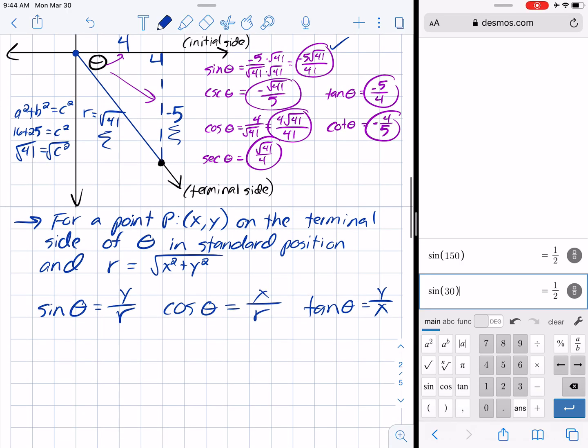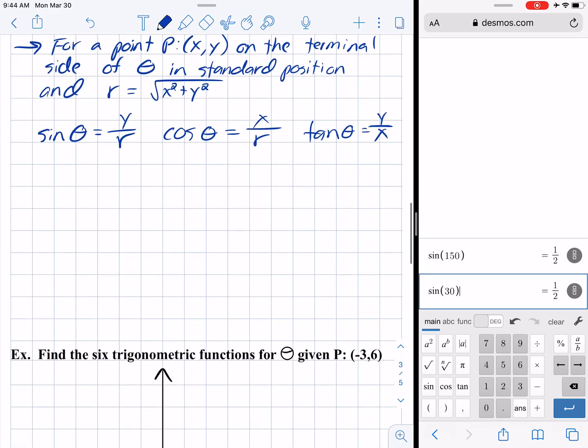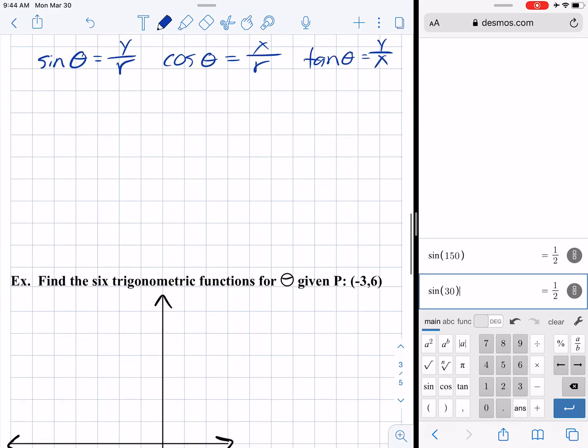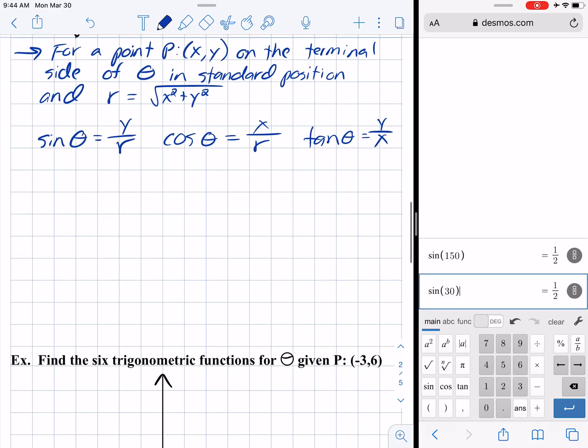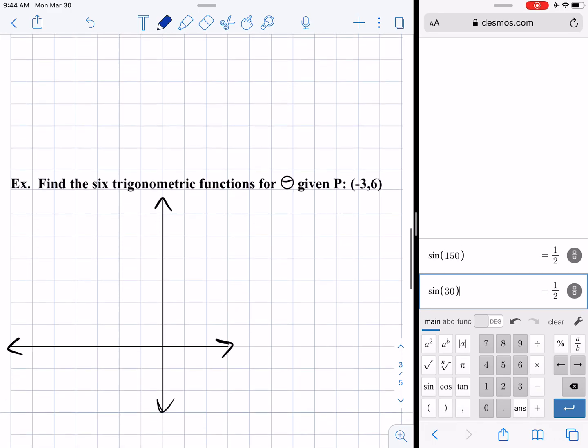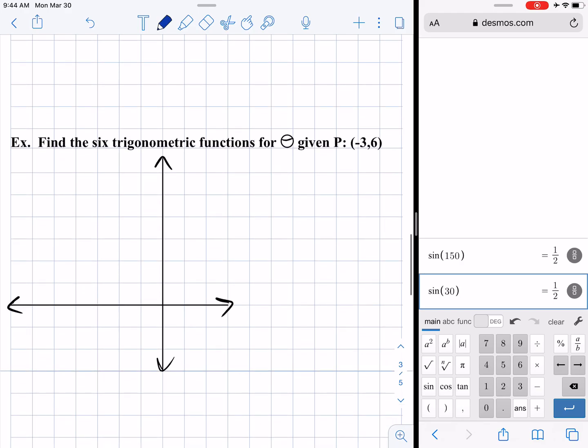So let's have you try one example on your own. You can pause this video and find the 6 trig functions for theta when point P is located at (-3, positive 6), all the way up here. And remember, theta is your reference angle. Theta is this angle.